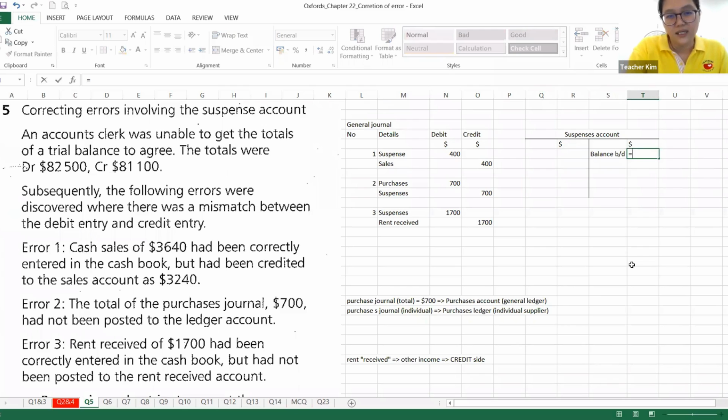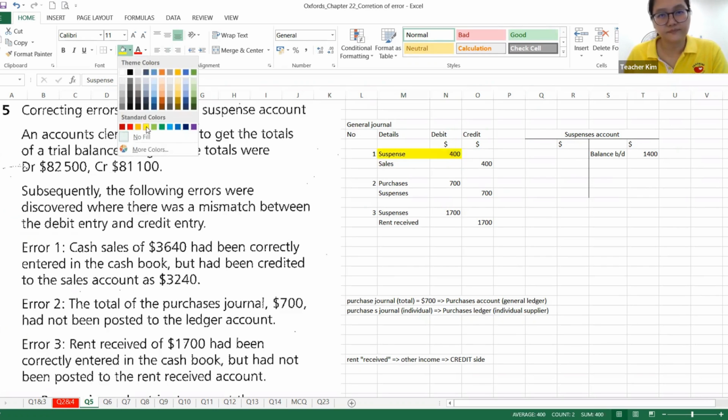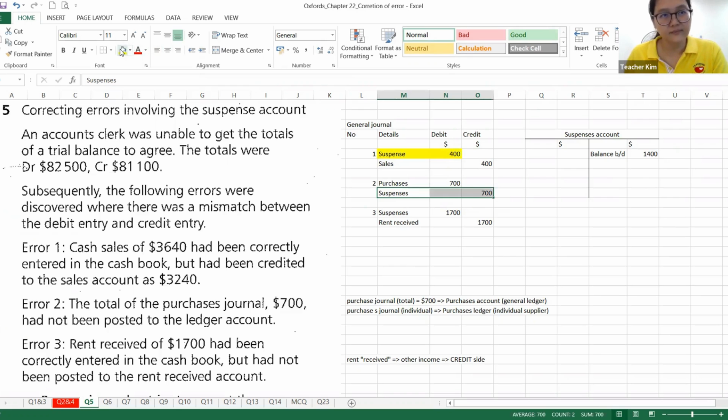Take the 82,500 minus 81,100. So we have 1,400 as the balance right now for the suspense account. And based on these adjustments, we have debit, we have credit.